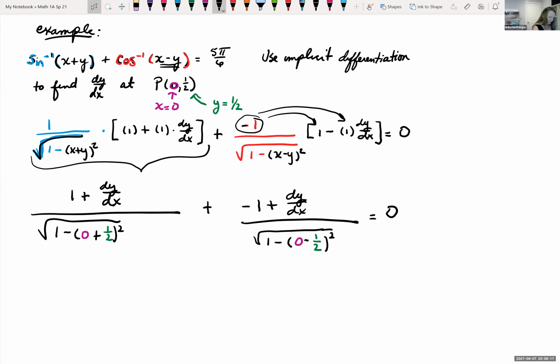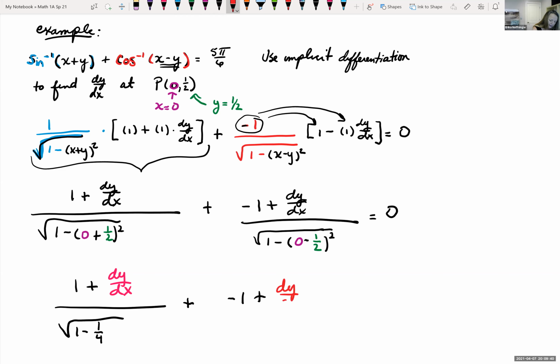Okay, so 1 plus dy dx, which we're trying to solve for, all over the square root of 1 minus, well, if I square 1/2, 1/2 times 1/2 is 1/4.